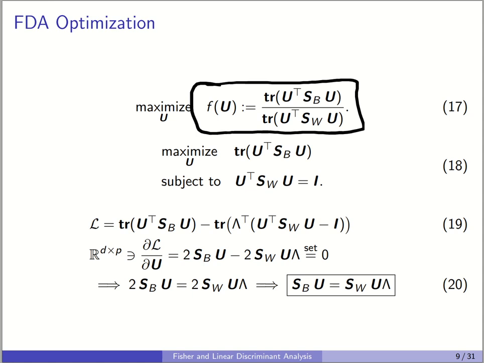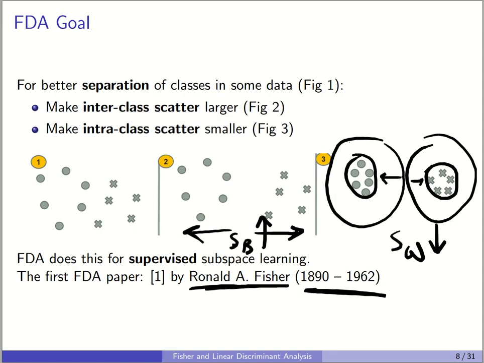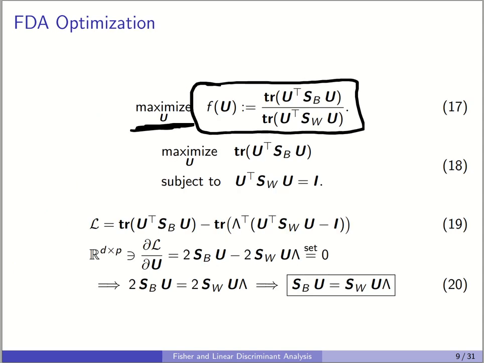We are maximizing this Fisher criterion, so the numerator is maximized, and the denominator, which has S_W, is minimized. Therefore, as we want S_W to be reduced, we put it in the denominator, and we are maximizing the whole Fisher criterion.